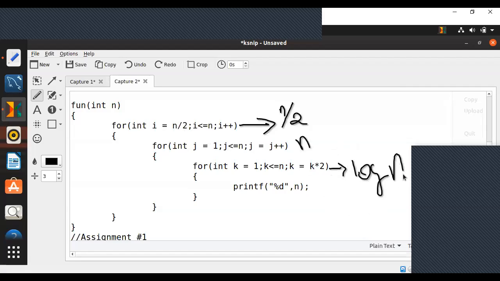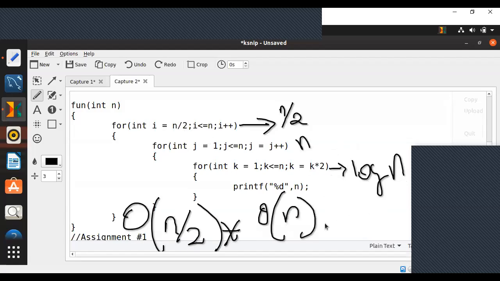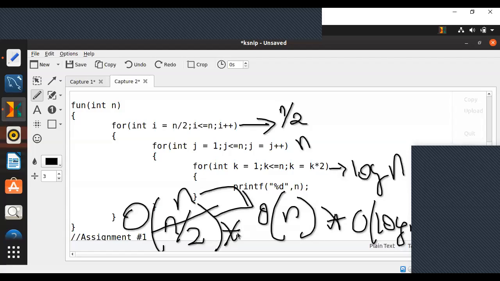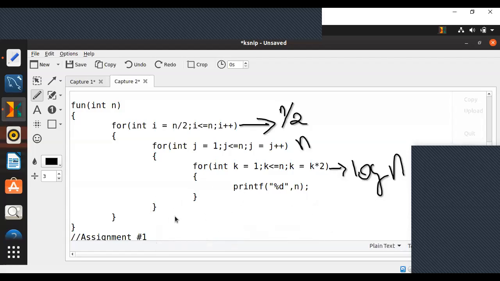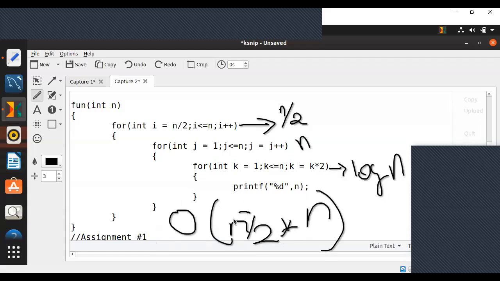So what we have here is essentially big O of n by 2 multiplied by big O of n multiplied by big O of log n. Now I can say n by 2 is same as n. Now n into n will give me n square. So I have essentially the first two values as big O of n by 2 into n. Now n by 2 we generally take it up as n itself.